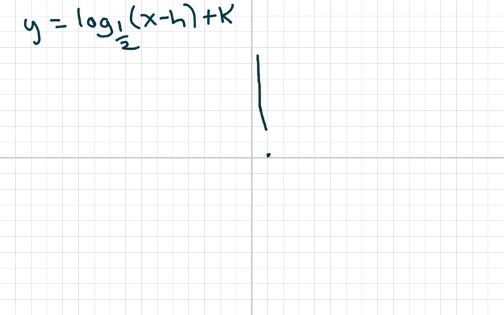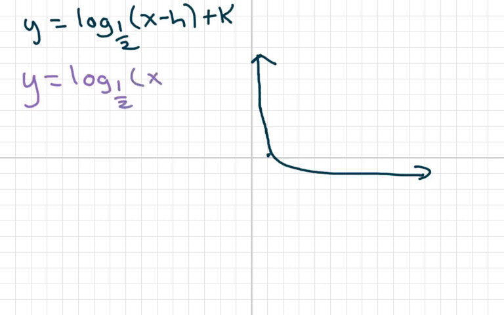We have y equals log base 1/2 of (x minus h) plus k. I'll go ahead and graph it here. It was something like this. That's your original. Let's shift this to the right this time, by, say, 3.